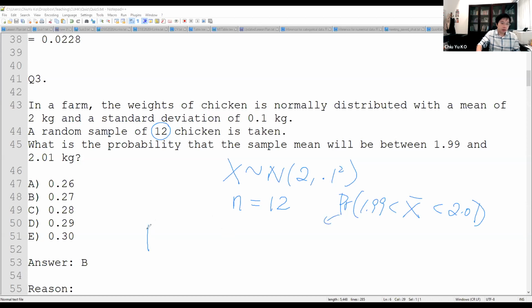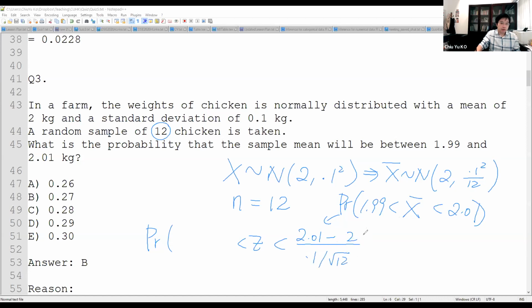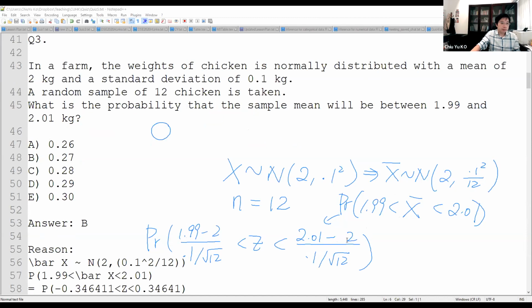So this is the probability that z is between (2.01 minus 2) over 0.1 over square root of 12, and (1.99 minus 2) over 0.1 over square root of 12. That's the answer.